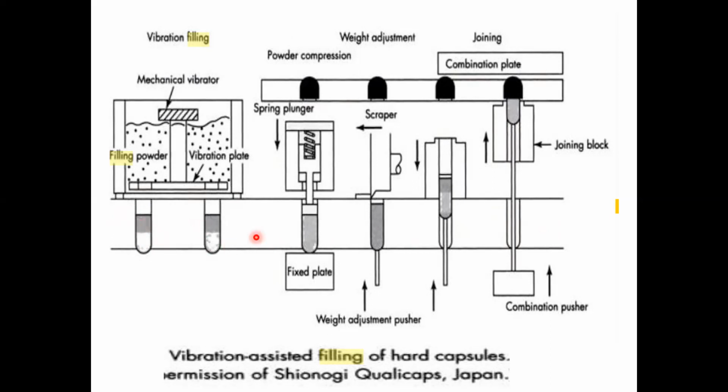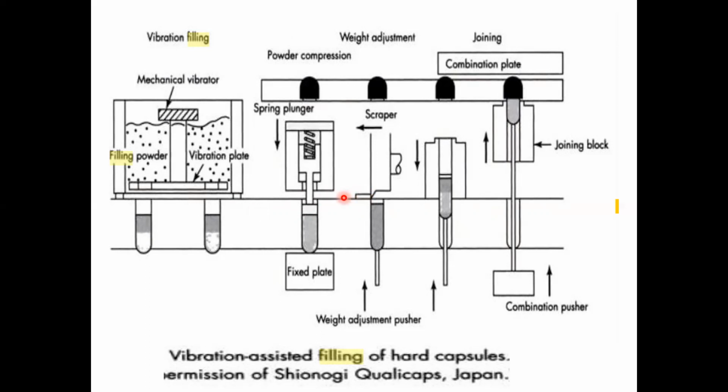Similarly, this plate also rotates here. The cavities with the bodies are overfilled and raised up against a metal plate to push the excess powder out, and there is a scraper system which scrapes the excess powder.